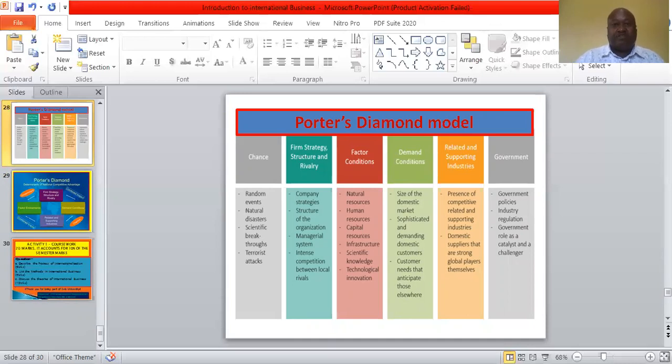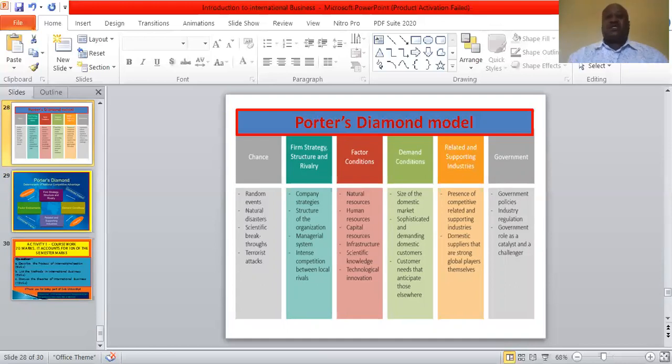Second, we have firm strategy, structure and rivalry. Here, we look at company strategies, structure of the organization, managerial systems, and intense competition between local rivals in a given circumstance. We also look at factor conditions, which include natural resources, human resources, capital resources, infrastructure, scientific knowledge, then technology innovation.